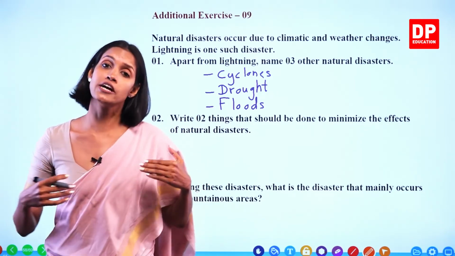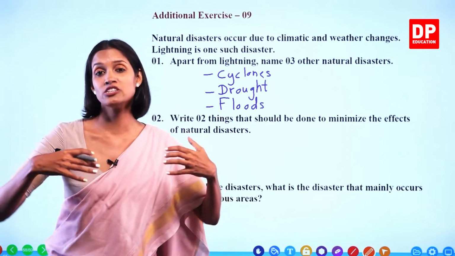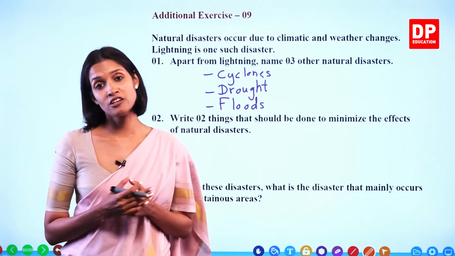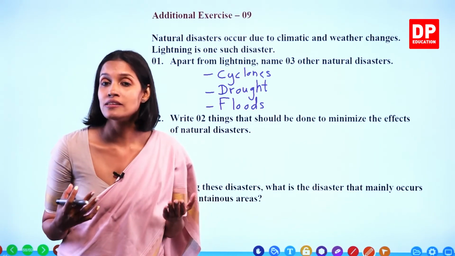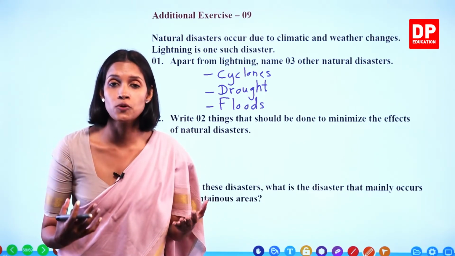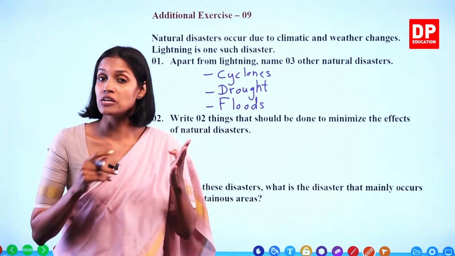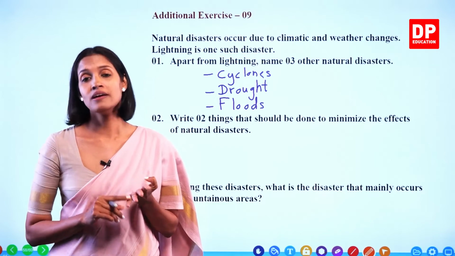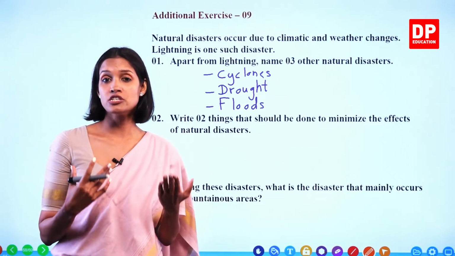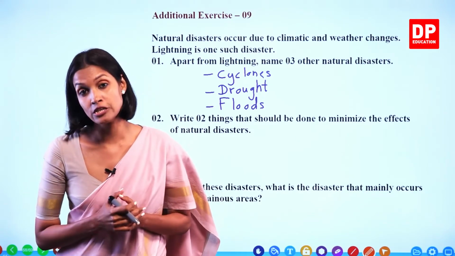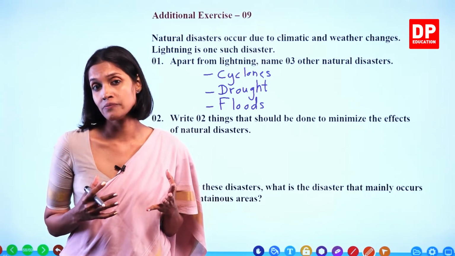Let's say that if we are living in the areas with droughts, that we have to expect droughts in the particular time period of the year, right? So then in that case, we have to collect water, and this is known as preparing or pre-preparation. So pre-preparation is very important. And at the same time, we have to listen to the announcements and the instructions given by the media too. We have to follow them, right?